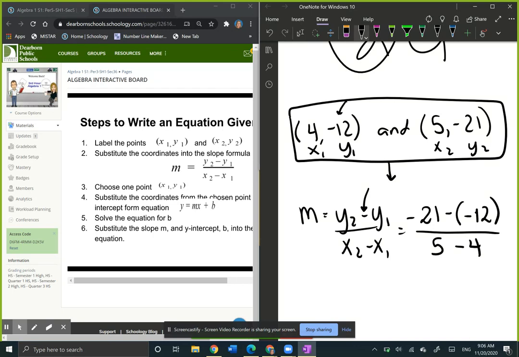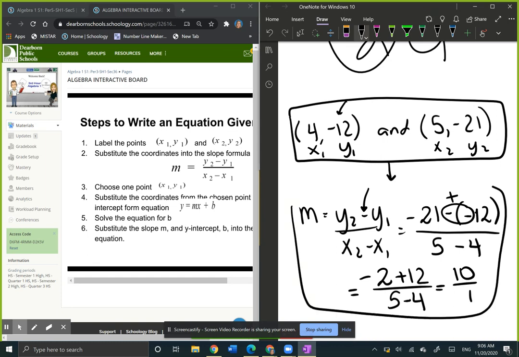So let's simplify this now. So negative times a negative is a positive. So we're going to get negative 21 plus 12 divided by 5 minus 4. So that's equal to. So then this is negative 21 plus 12 is negative 9. 5 minus 4 is 1. Okay, so this should be correct.